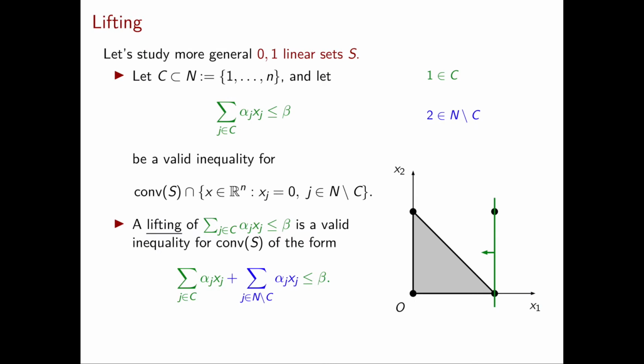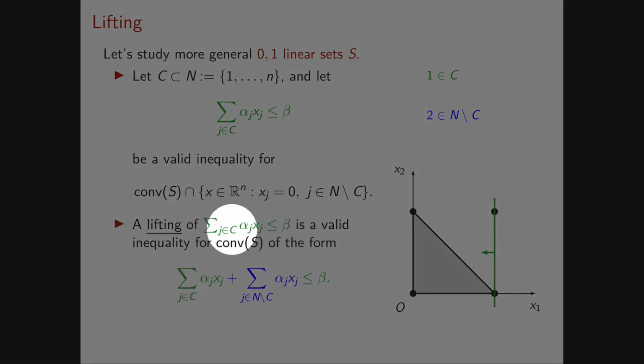So essentially it is exactly the green inequality, but where on the left hand side we are adding the sum of the alpha j xj for every j not in C.